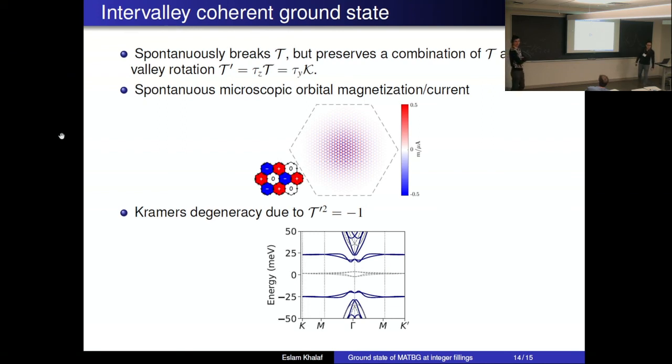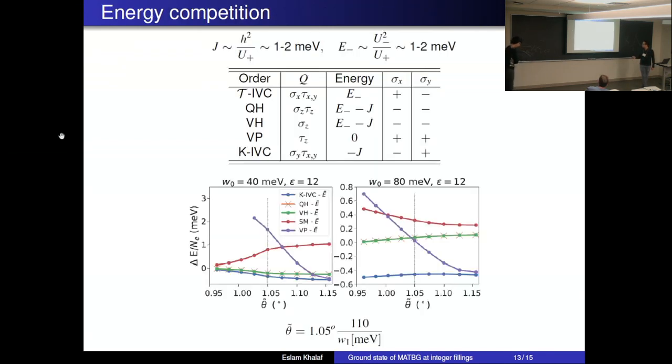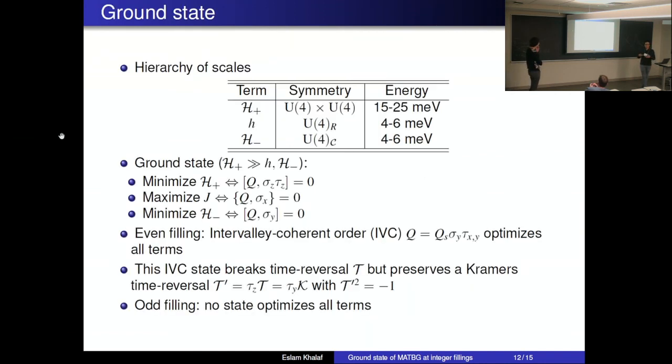You mentioned you can also do -2. Is it similar? Yeah, at -2 it's a kind of spin polarized version of this. This IVC order is what happens at charge neutrality. When you are at half filling, plus or minus 2, you also need to polarize spin.